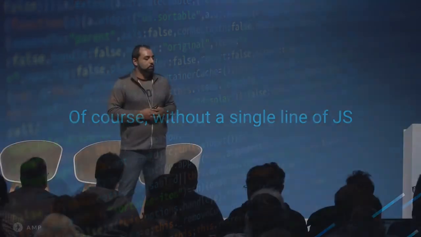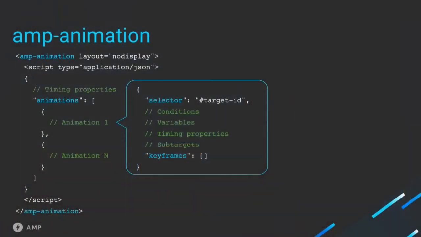Now let's get into the details of the underlying components that were used to create these demos. AMP animation is a wrapper for Web Animation API. But it also adds many new useful features to it. For instance, it adds variables. It adds conditional animations based on media queries or support matrix. It allows for composition of animations.